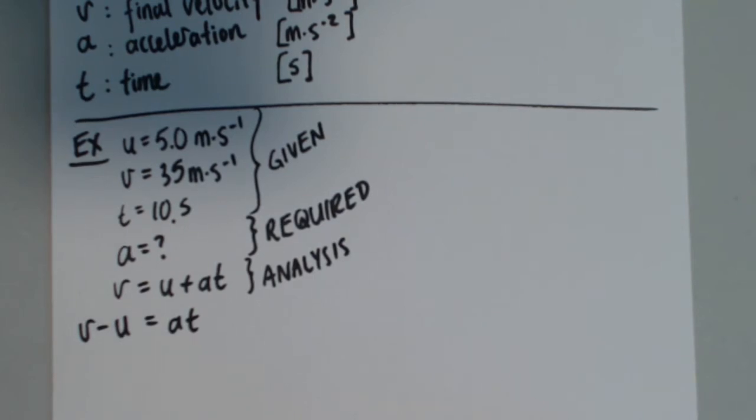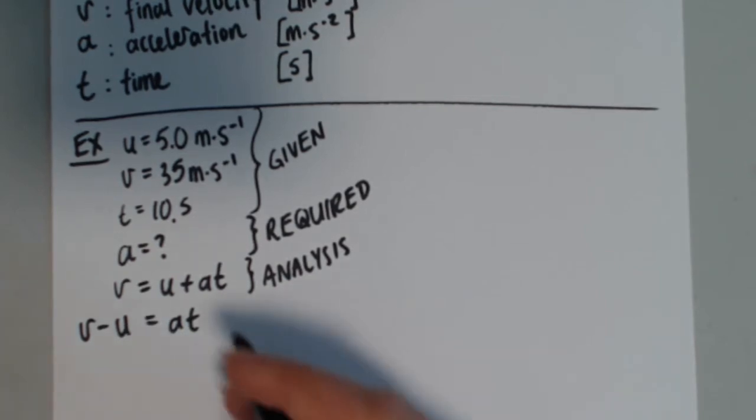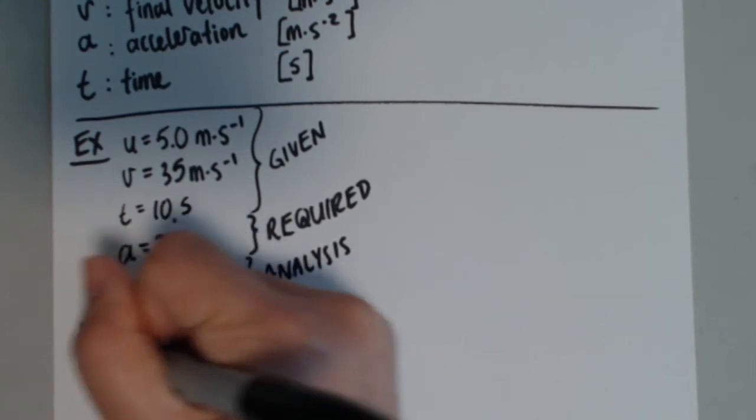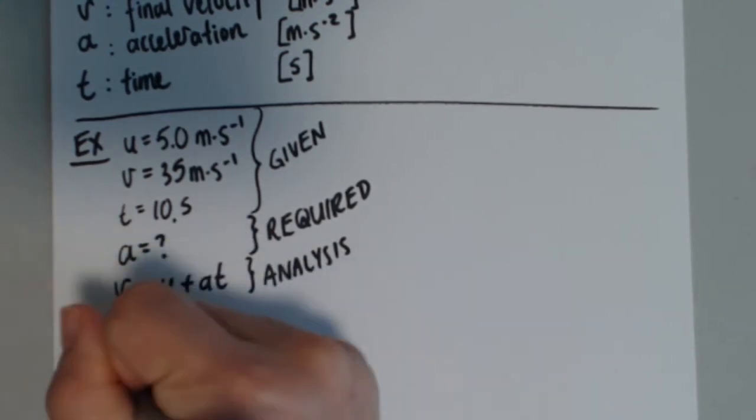By the way, you have to make sure that you are very good at rearranging equations, as complex as they are, because that is an absolutely essential skill you need in this course. Now, in order to get a by itself, a is being multiplied by t, so I have to divide by t. But if I divide the right side by t, I have to divide the left side by t. So a is equal to v minus u divided by t.